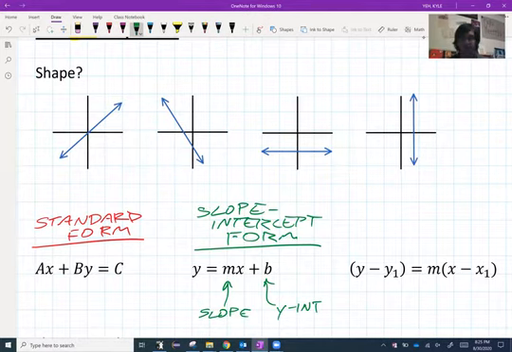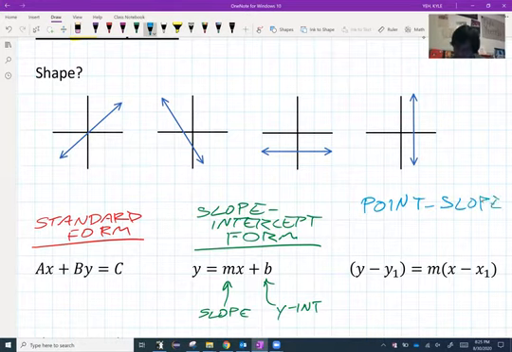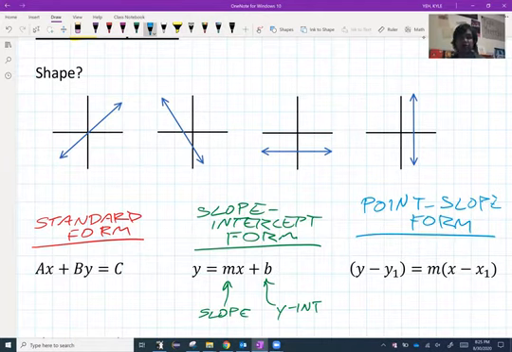The third form of a linear equation on the screen right now is the one I started to write a second ago, and that is point-slope form. Just like slope-intercept form, it is named point-slope form for a really logical reason. It contains a point that is on the line. So x1, y1 are the coordinates of a point that actually exists on the line itself.